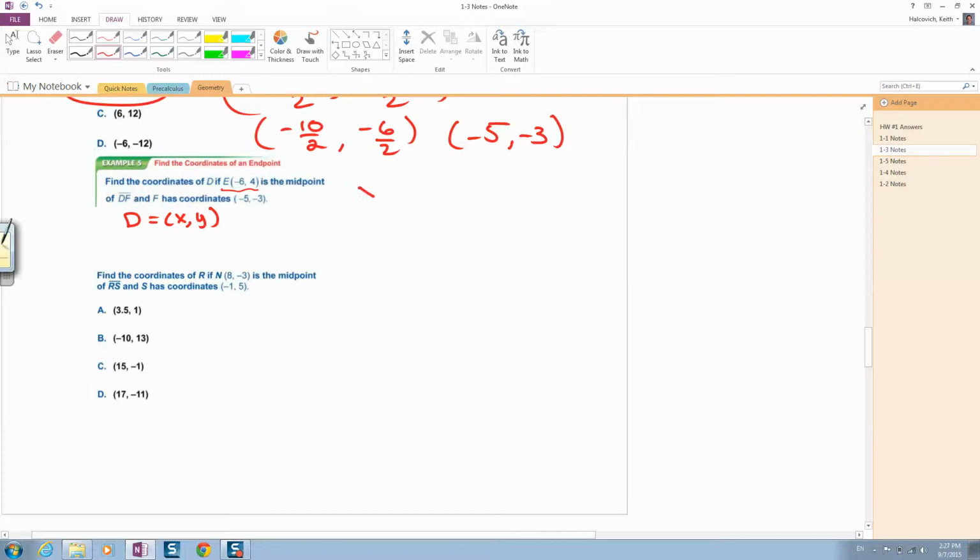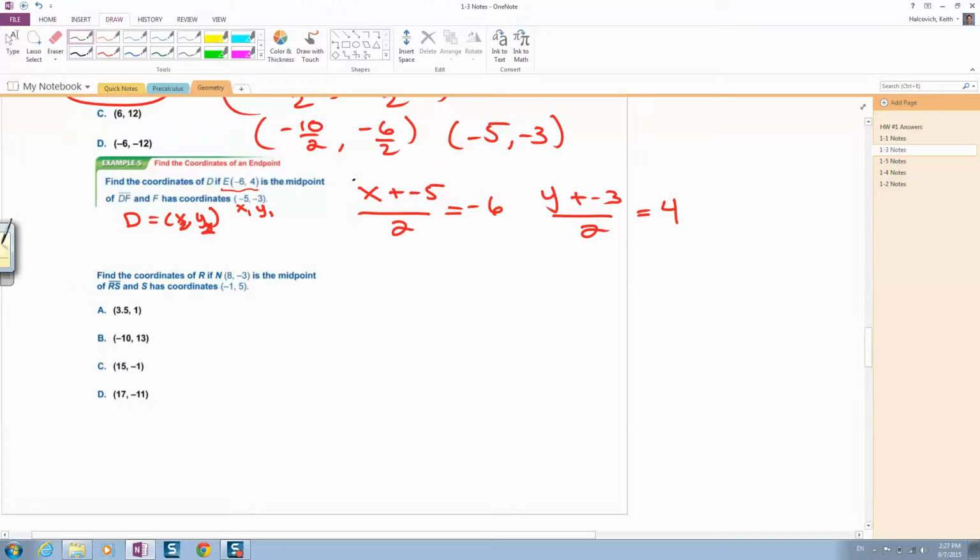But what you do know is that x plus negative 5 divided by 2, because this would be your x1 and y1 here, you could call this x2 and y2, is equal to the midpoint of negative 6, because this is your midpoint of the x. And then for the y's, you could say that y plus negative 3 divided by 2 is equal to 4.